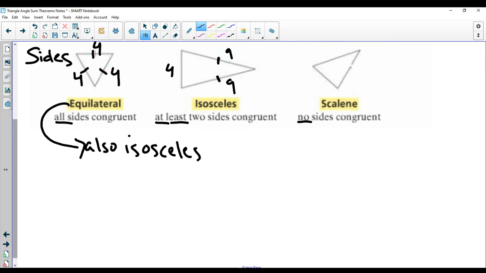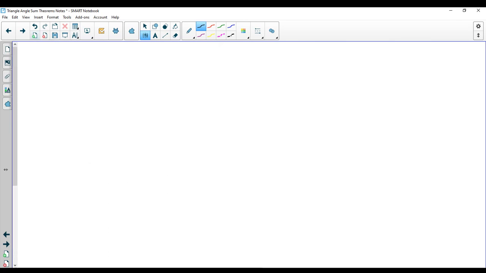So a question you could see, let's say we have a triangle here. So here's a triangle, and I labeled all three sides.